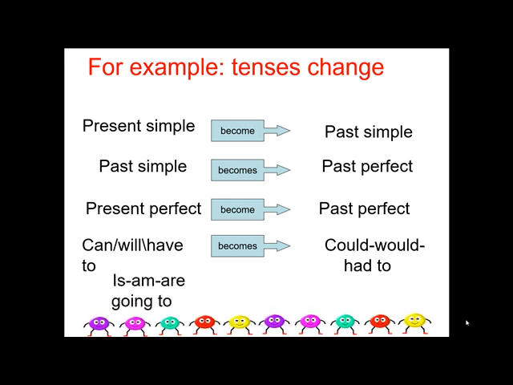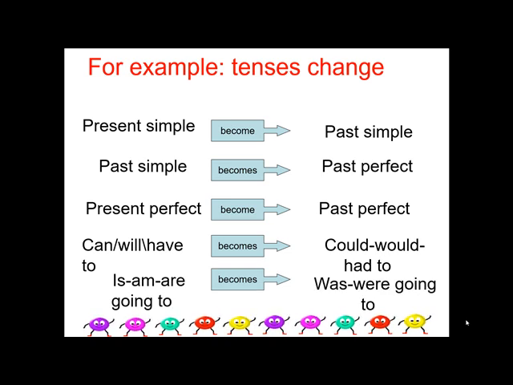What if I'm talking about the future? Is, am or are used with going to. All I can do is change the verb to be, and that turns into was or were. These are the tenses, and the changes we make to those tenses to change a statement into reported speech.